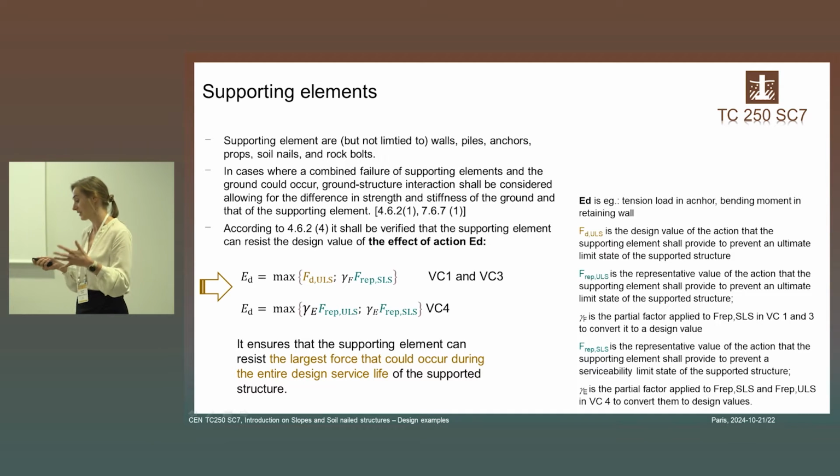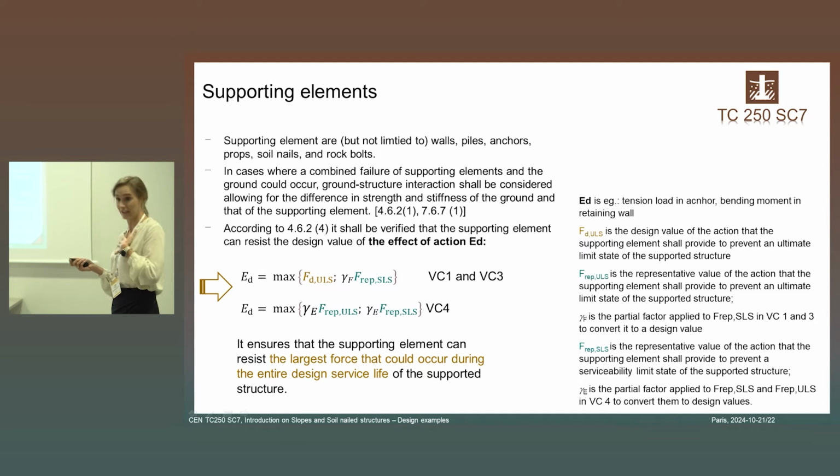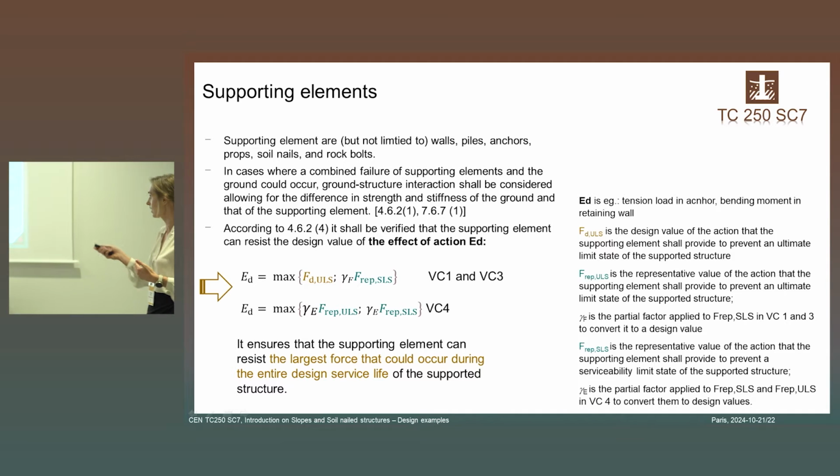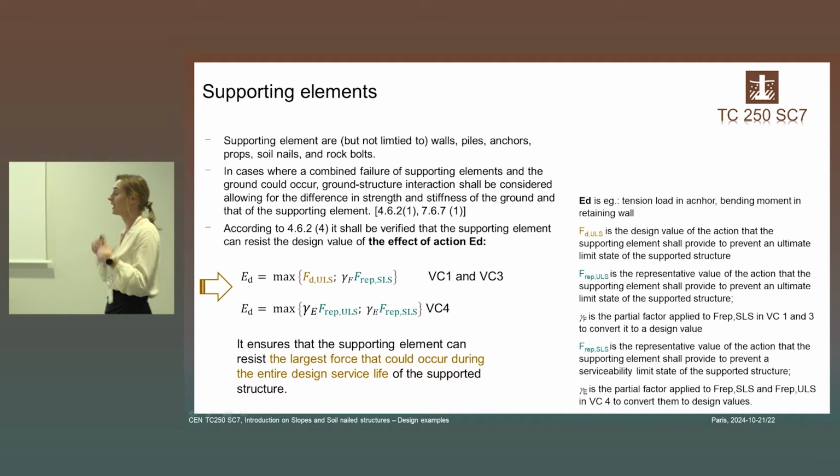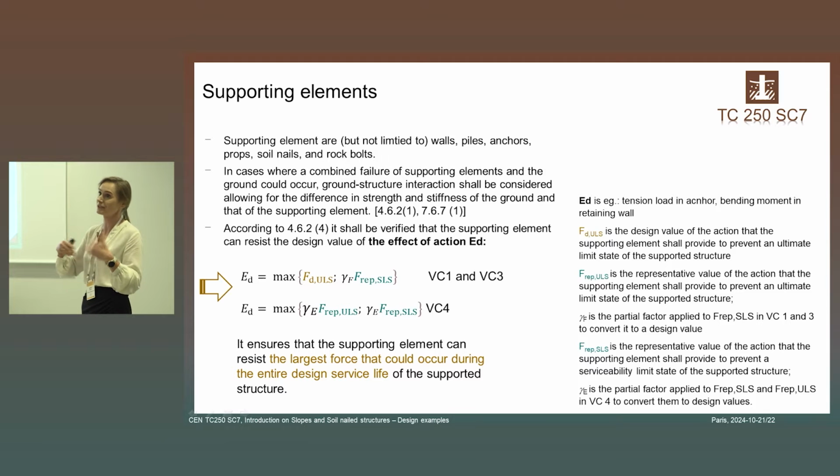So it basically means that, as I understood, we shall consider both SLS and ULS in the design, even though the SLS is not required for some cases. It ensures that the supporting element can resist the highest force that could occur during the service life of the structure.